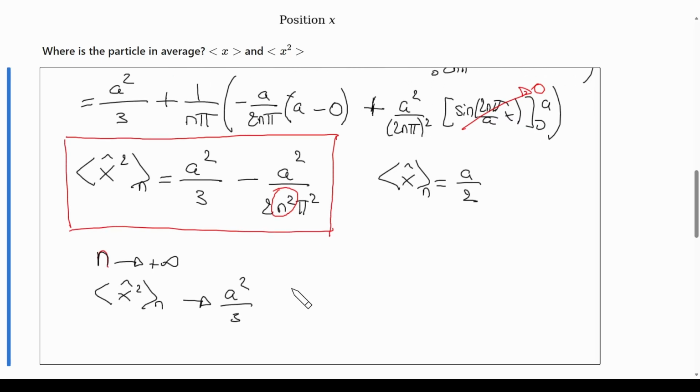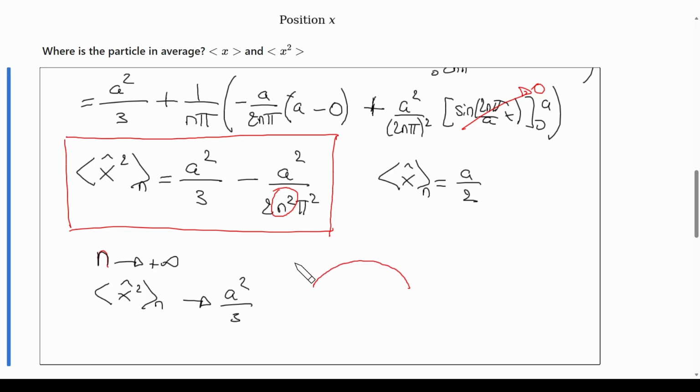So the larger n gets, the larger the spread, and we can see this in the first few wave function plots above.